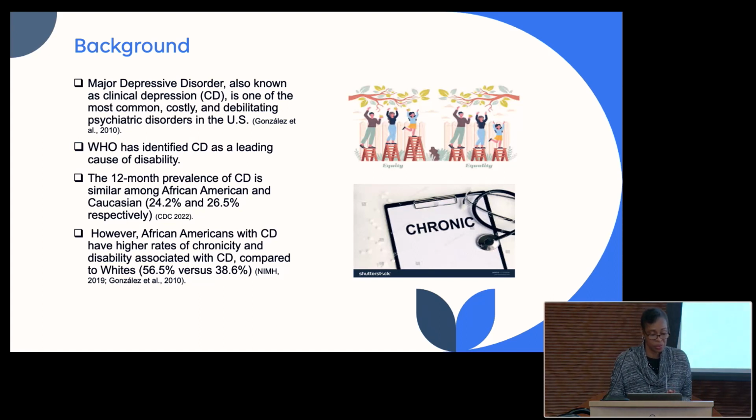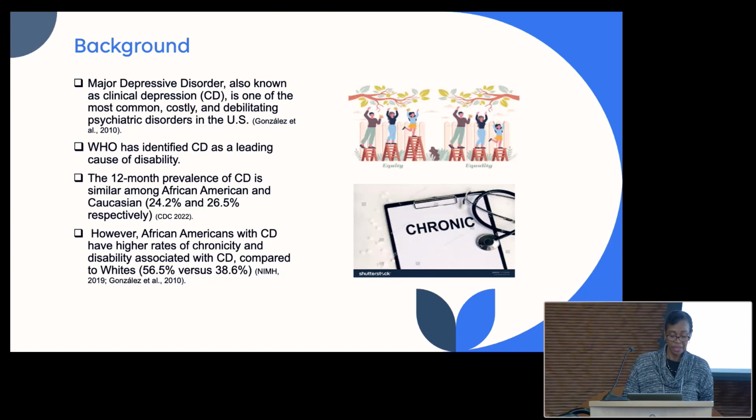Major depressive disorder, also known as clinical depression, is one of the most common, costly, and debilitating psychiatric disorders in the U.S. The World Health Organization identified clinical depression as a leading cause of disability.